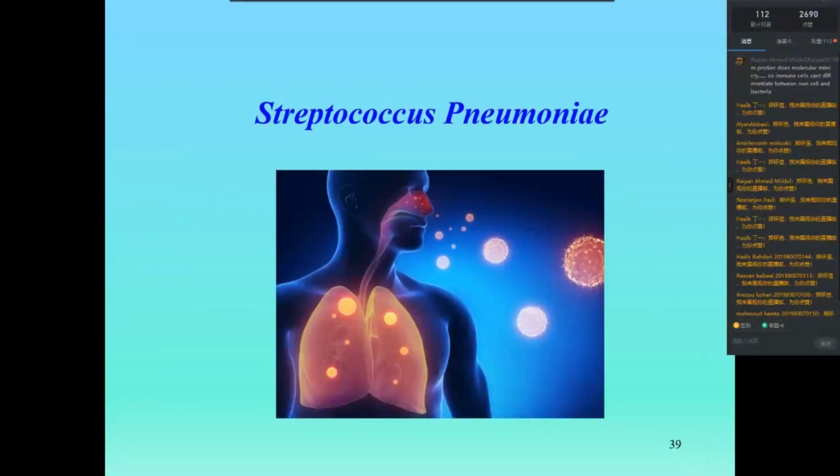And you know that we have a mucosal immune system, and in the mucosal membrane there is a large amount of IgA which is important for defense.